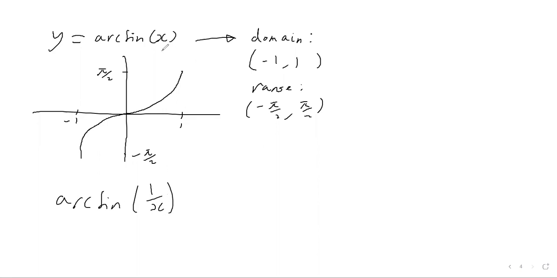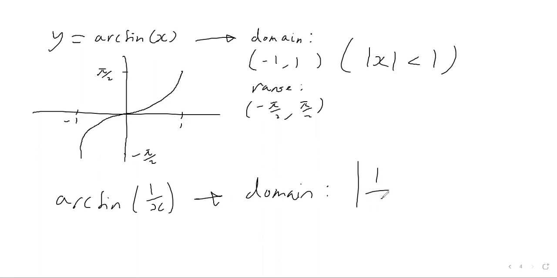Well, we know that the domain of arcsin is between -1 and 1, in other words the modulus of x is less than 1. So the domain for this function is the modulus of 1 over x must be less than 1.